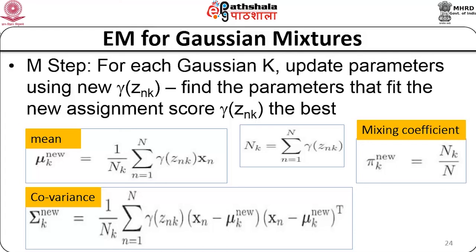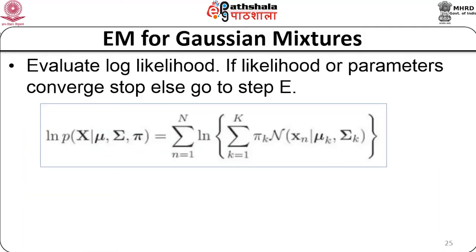So, that way you can find the covariance. So, these are the 3 new values you have got because of the score. That score is what is important here. Okay. So, n is the total number of points that we are considering, and then you evaluate the log likelihood. If the likelihood of parameters converges, stop, otherwise go back to the step.